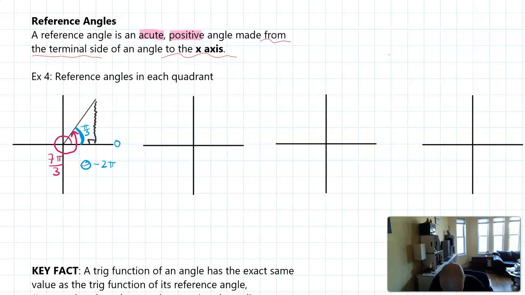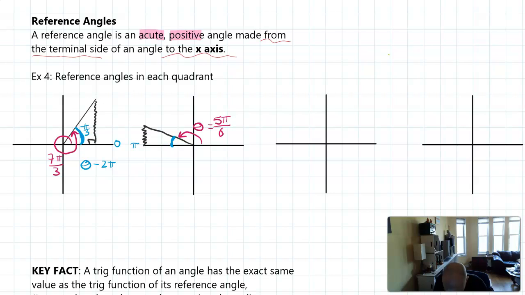Now, what if our reference angle was in quadrant 2? So maybe it would look like this. And maybe theta would be 5 pi over 6. Well, we would drop an altitude to the x-axis, and the reference angle would be this angle right here.